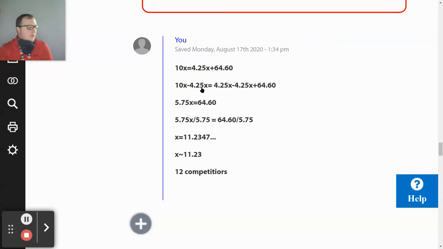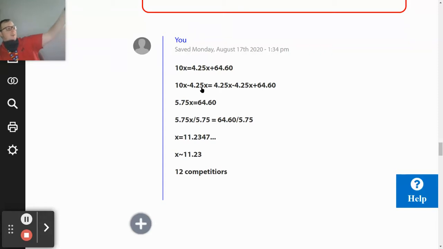My next step is to do what? I divide 5.75x. I divide the 5.75, not the x, by both sides. 5.75 divided by 5.75 is 1, leaving you that 1x.